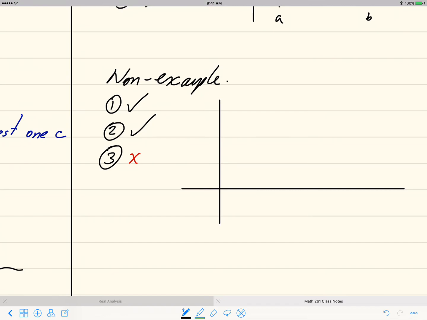So here is f(a), and then f(b), I want it to be a different y value. So here's a function that's continuous throughout the interval and differentiable everywhere, but f(a) is not equal to f(b), and you can see there is no location that has a horizontal tangent line.